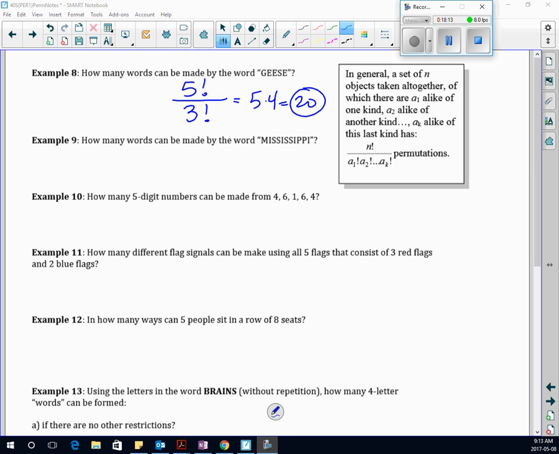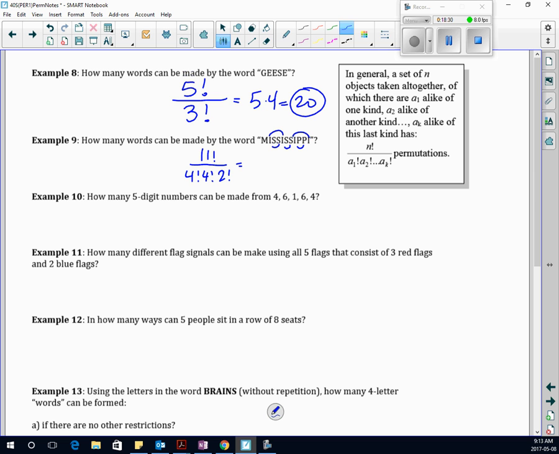Okay, so there's 1, 2, 3, 4, 5, 6, 7, 8, 9, 10, 11. So 11 factorial divided by, there is 4 I's repeating, 4 S's repeating, and 2 P's repeating.